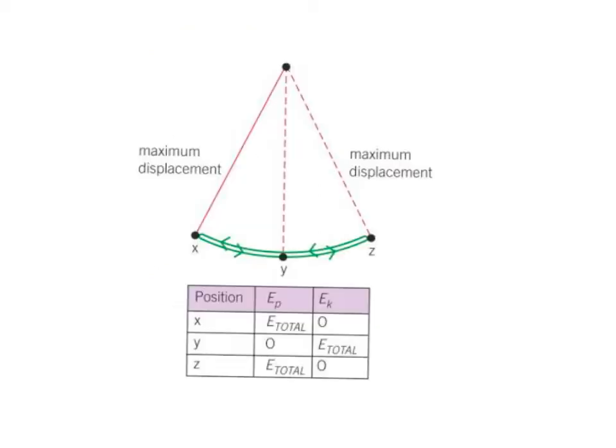Okay, so let's consider a simple pendulum. Now, while the pendulum is moving from its maximum displacement, whether it be positive or negative, and its equilibrium position, it experiences different energy changes. One very important part is that the total energy in a simple harmonic motion will remain constant.